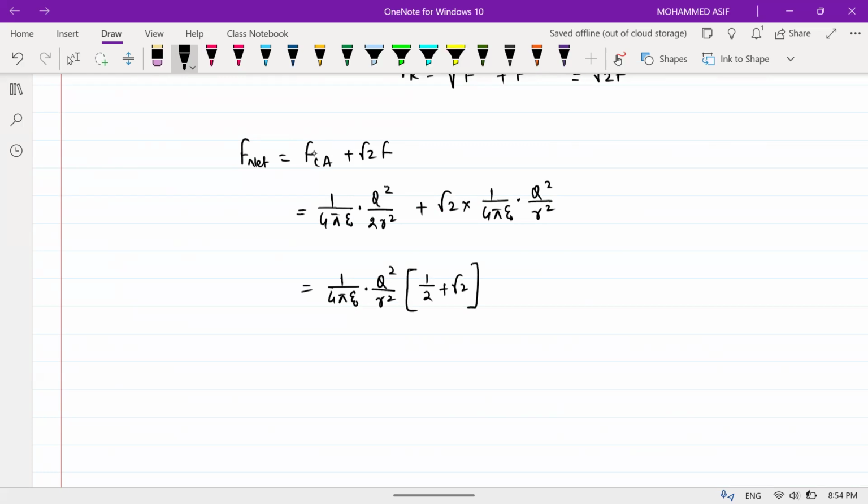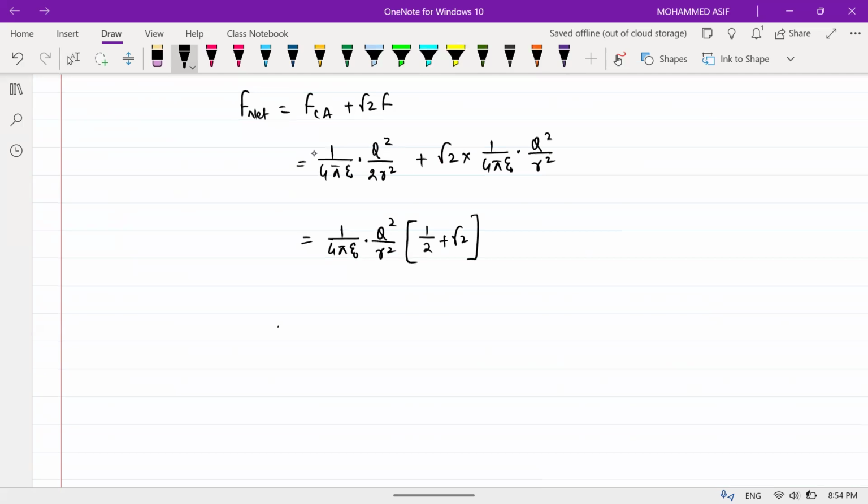So now I can still simplify and write this. F net will be equal to 1 by 4 pi epsilon naught into Q square divided by R square into, this value will become how much? 1 plus root 2 divided by 2, or 2 root 2 divided by 2, multiplied by 2.